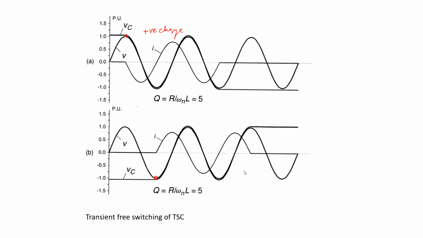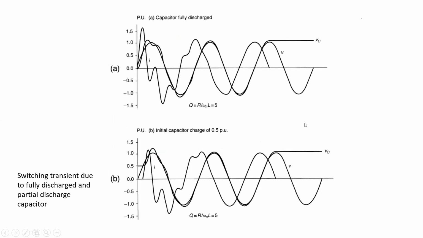Next, this is the case where the capacitor is fully discharged. Now your capacitor charge voltage is equal to 0. Under such condition, if the thyristor is turned on, this is the waveform of current.